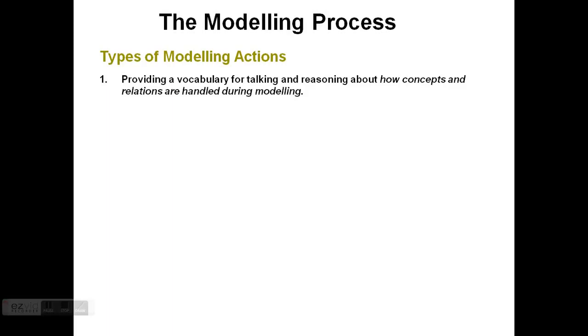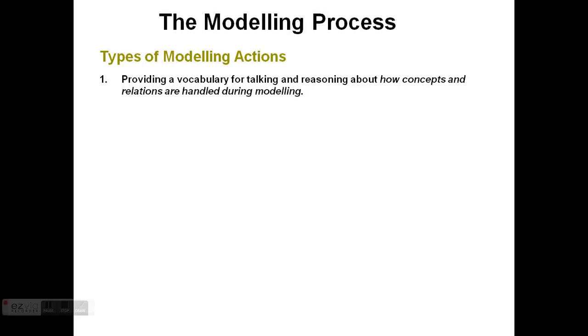Now we discuss the types of modeling actions. So what kind of actions we take while we are modeling. There are virtually endless number of ways in which an enterprise architect can go about creating or changing the contents of a model.